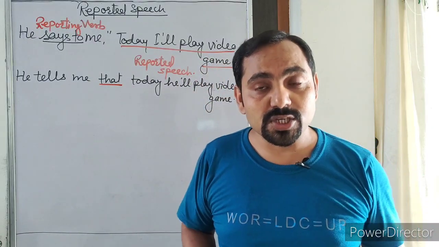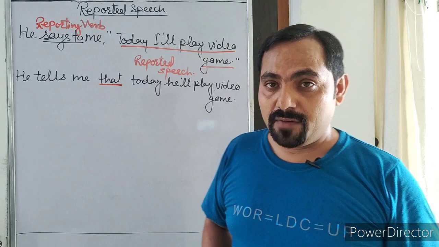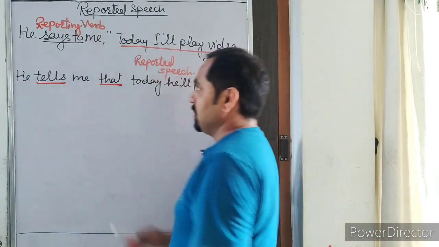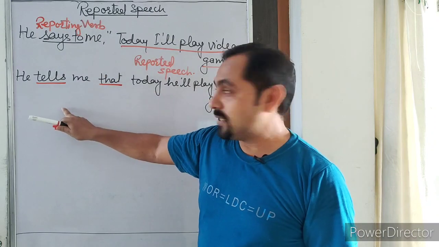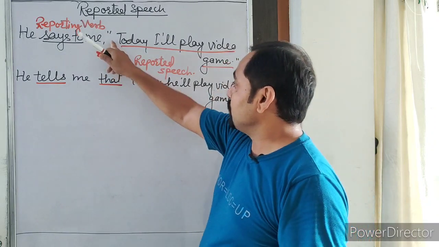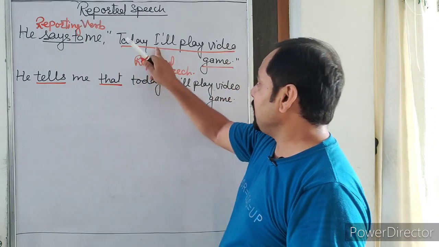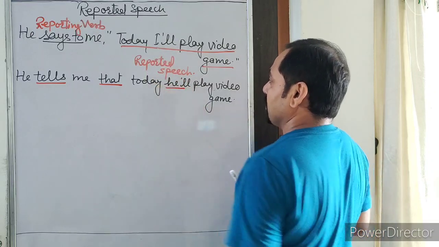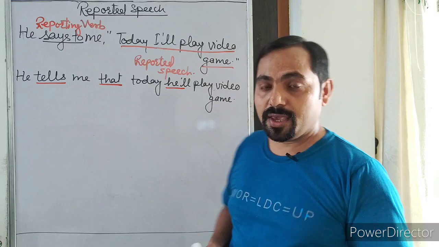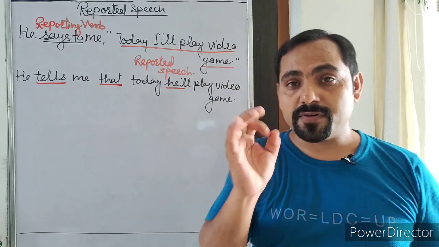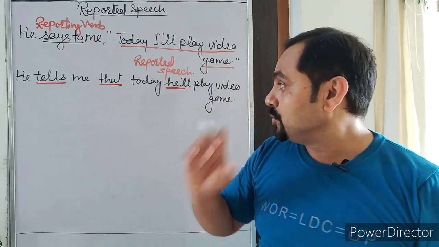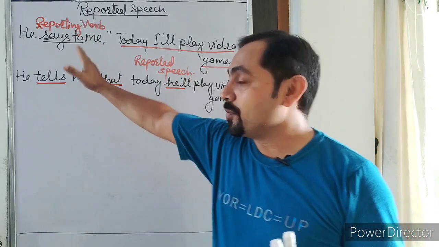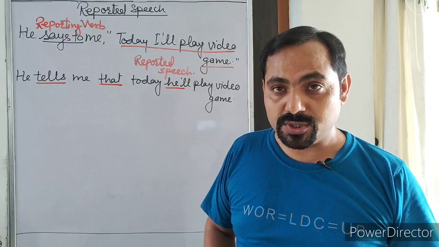And what other changes are we making? Please have a look. Says to becomes tells. Says to becomes tells, and we are using the conjunction that, and I becomes he. He'll play video game, right? So the very first rule is using a conjunction as a connector while connecting the reporting verb with the reported speech.